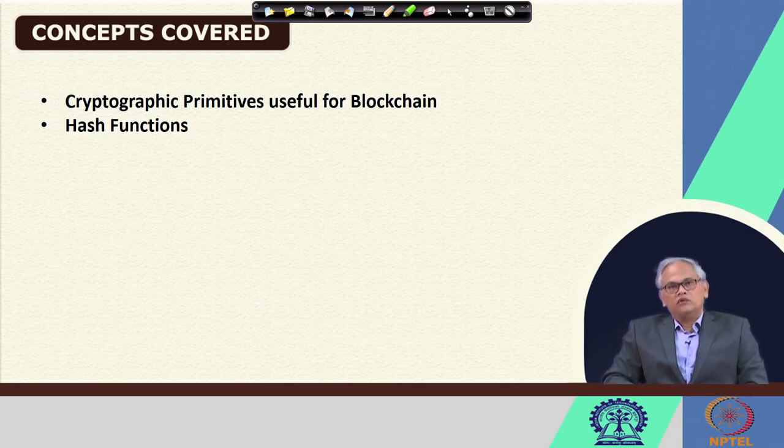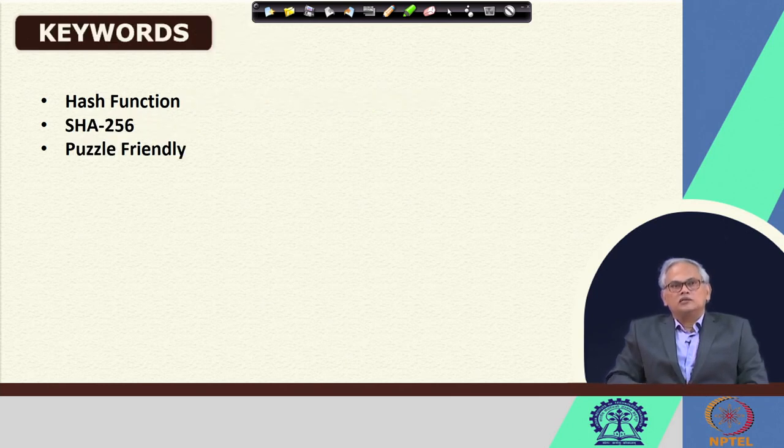And in this particular lecture, we will talk about hash functions. Some of the keywords that are important for this lecture are as follows. First of all, we will talk about what are called hash functions. We will understand what is meant by a hash function, what its properties are, and how it can be used meaningfully.